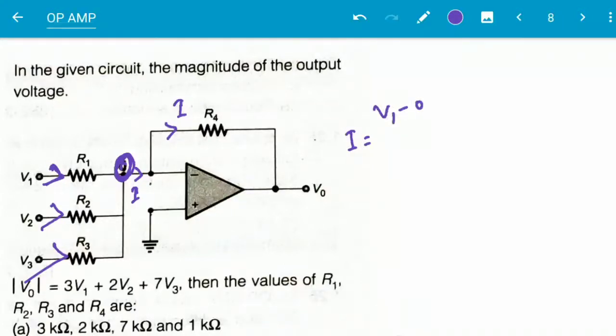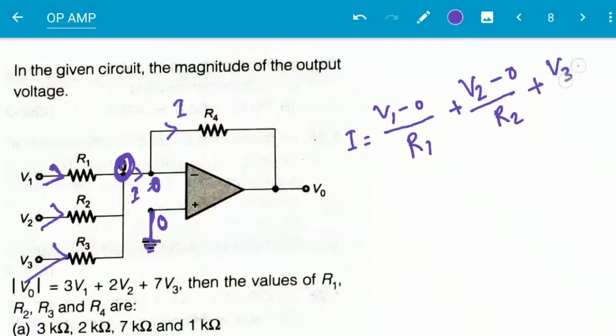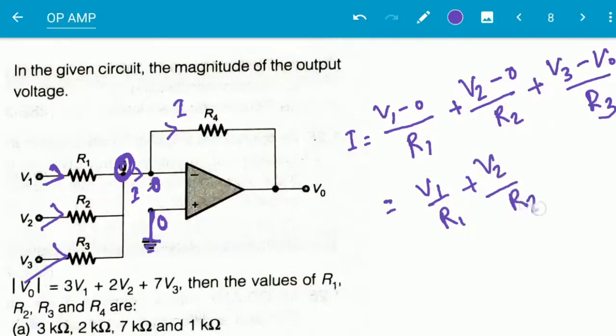This will be V1 minus 0. Why 0? Because this terminal is connected to the ground, so this point voltage will be 0. So this will be V1 minus 0 by R1 plus V2 minus 0 by R2 plus V3 minus 0 by R3, which equals V1 by R1 plus V2 by R2 plus V3 by R3.